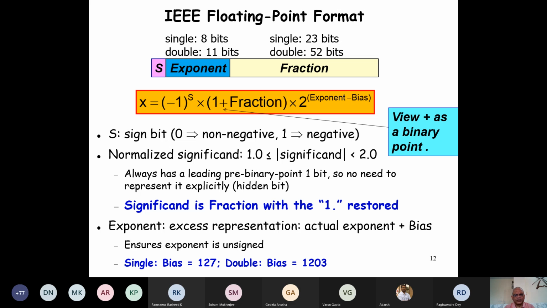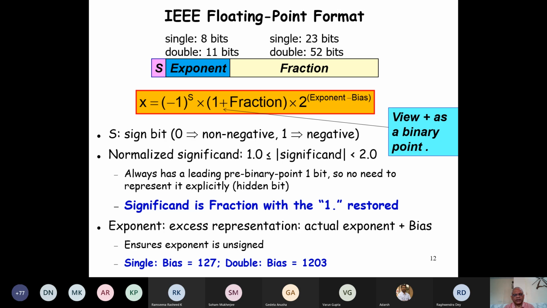We'll see that. So the representation here is that the sign bit, depending on whether it is 0 or 1, gives a positive or negative floating point number. We represent that as minus 1 to the power s bit. So if the s bit is 0, then it is positive. But if the s bit is 1, then it is negative. Now the IEEE floating point format did a very smart thing actually.